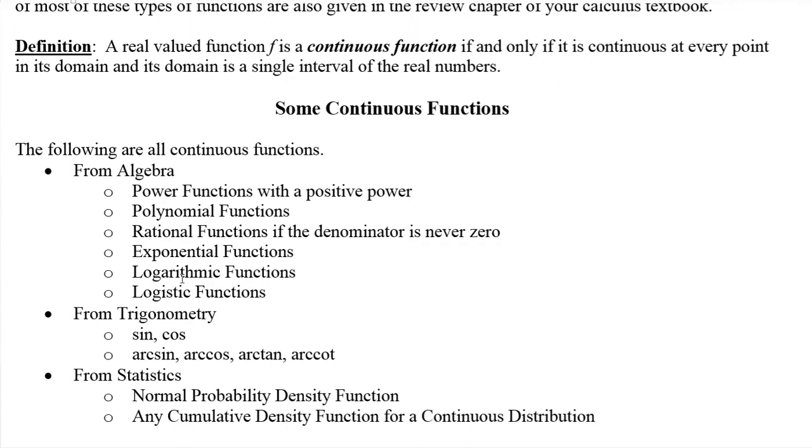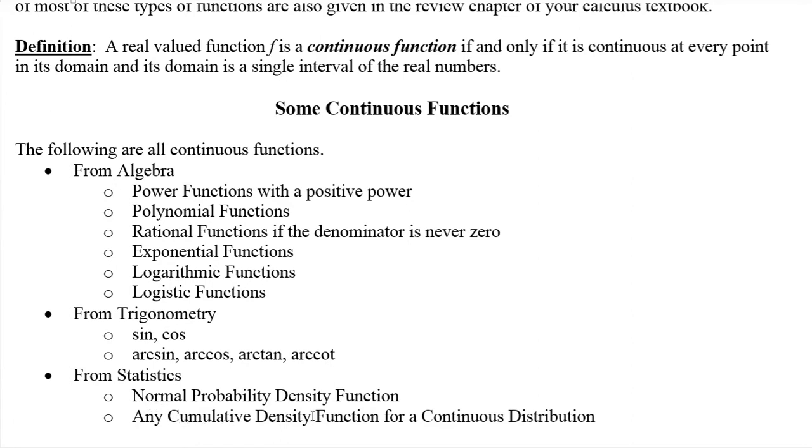Now, from trigonometry, the basic sine and cosine graphs are continuous functions, and they're defined for all real numbers. The inverse trig functions, arcsine, arccosine, arctangent, and arccotangent, are all continuous functions, at least the way I define them and the way they are usually defined. And from statistics, the most important curve, the normal probability density function, the PDF, is a continuous function.